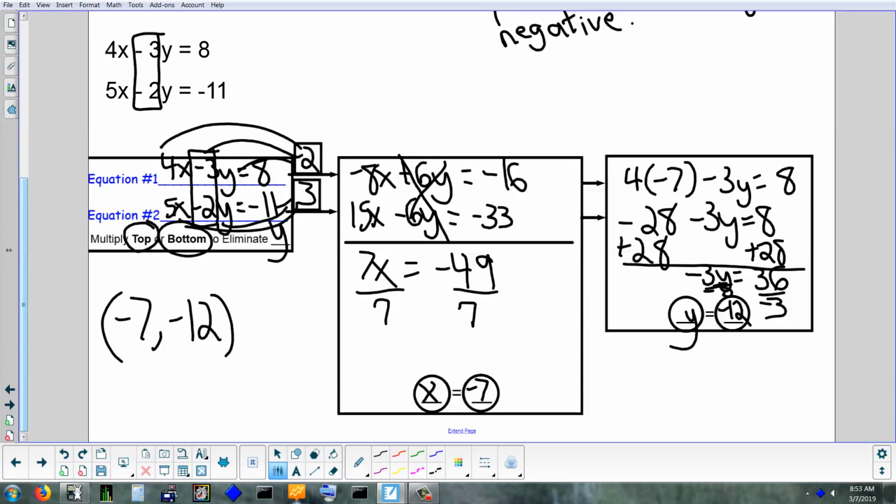Or if only one of the choices has -7 as the first term, pick that one. That way you don't have to do all the work for the other one. It'll save yourself a little work. But if there's 2 of them that have -7 as the first term, then you have to do it. Right, so this is a little helpful. So that's situation 5. That's as hard as it gets, because you have to multiply them both. All right?